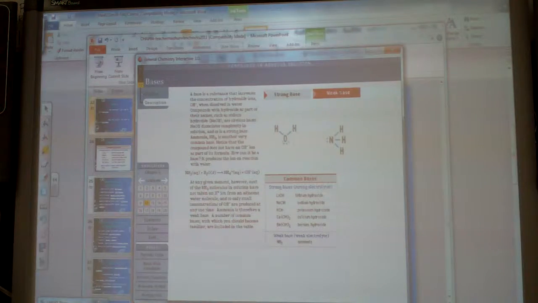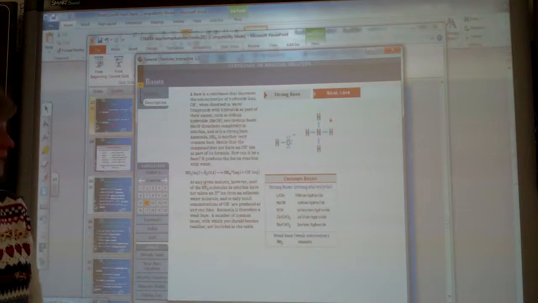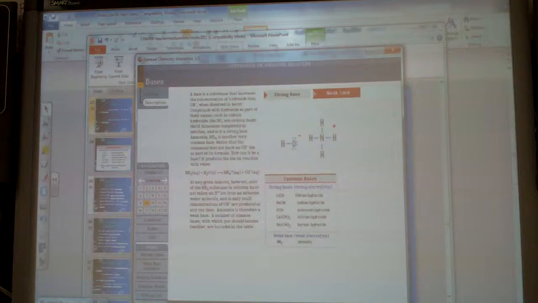On the right is NH3, ammonia. The dots and lines represent electrons. Ammonia acts as a base in water. It removes a hydrogen ion from water to create hydroxide and ammonium ions. In solutions, only a few hydroxide ions are created at any one time. Okay? So ammonia is a weak base.